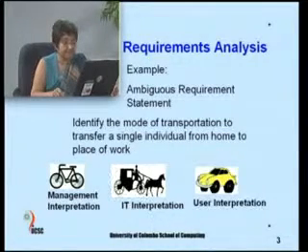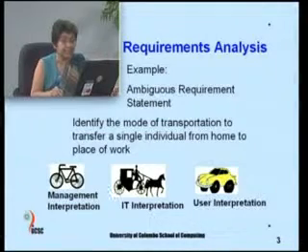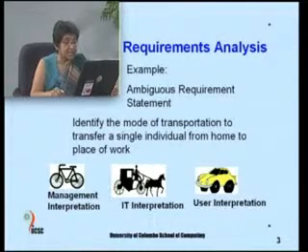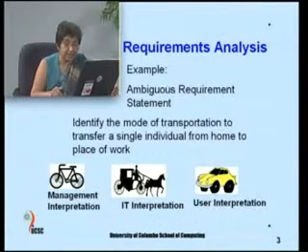Now, this is a good example of what we really mean by an ambiguous requirement statement. It says: identify the mode of transportation to transfer a single individual from home to place of work. So, that is a requirement. What the user interpreted when he wanted this was some mode of transportation from his home to the place of work.